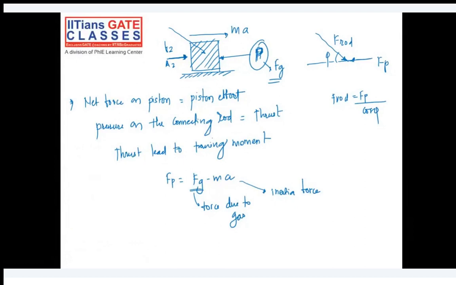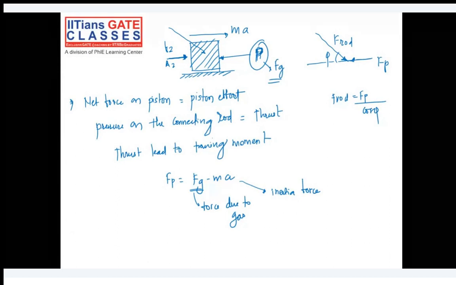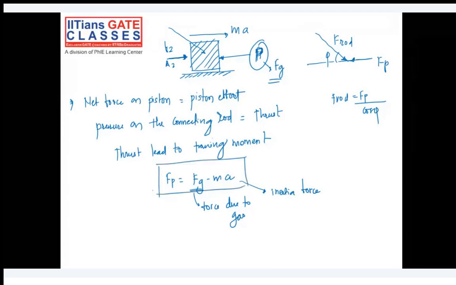Okay. Now this Fp, we have to transfer it to the connecting rod, then to the crankshaft, and then to the turning moment at the crank. Because ultimately the force we are getting from the gases is transferred to the piston, connecting rod, and then crank, and it will create a turning moment, correct.